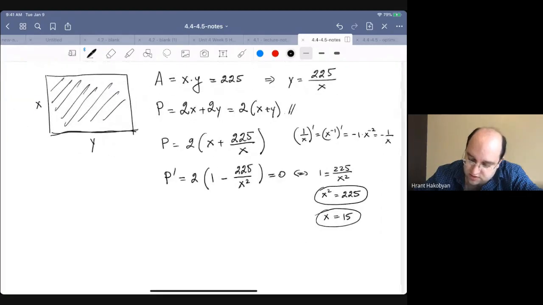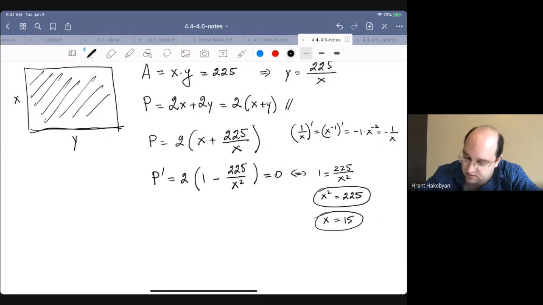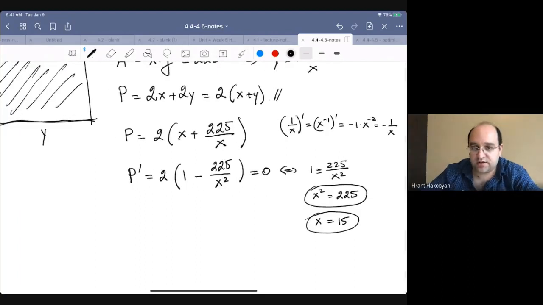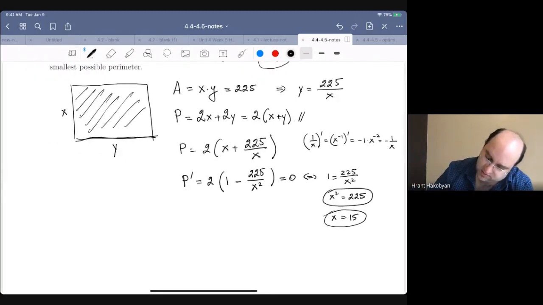Okay, so now if I take 15, just like in the previous case, we can take the second derivative and see that it's less than 0 at that point, but it's easy. So let's actually, if we want it the smallest, then we want it to be positive.